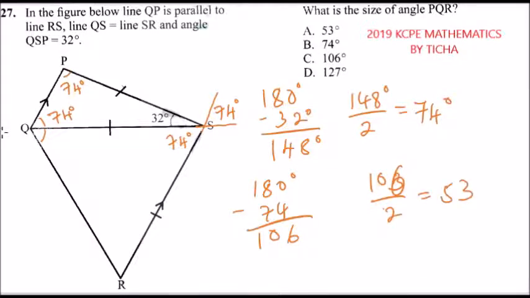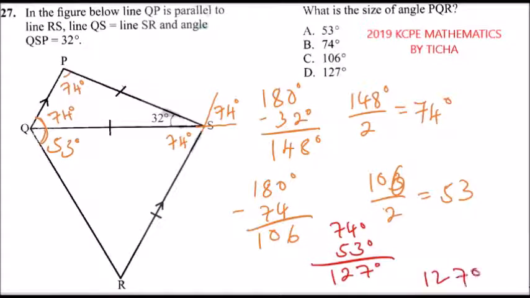So it means this angle is 53 degrees, and therefore to get the whole of this angle, what we do is we say 74 plus 53, and that is 127 degrees.